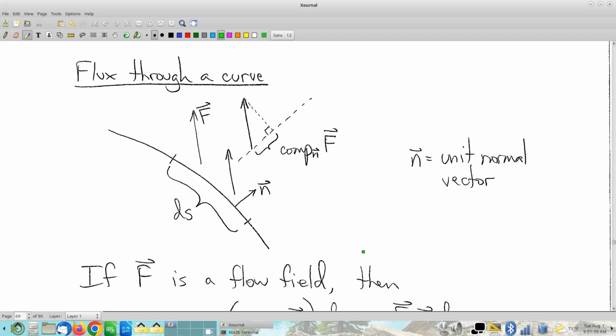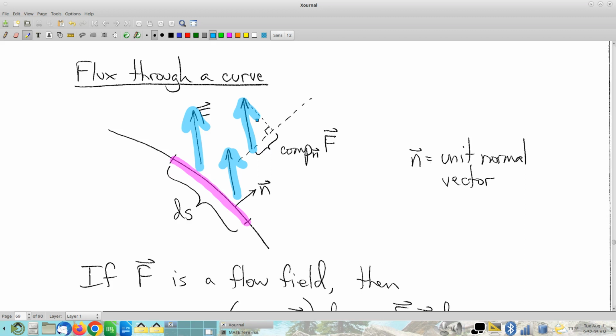And I want to ask the question, just as a general question, if I have a piece of curve, and given that my fluid is flowing along like so, for example, how much fluid is passing through my curve per unit time? It's a pretty natural thing to want to ask.